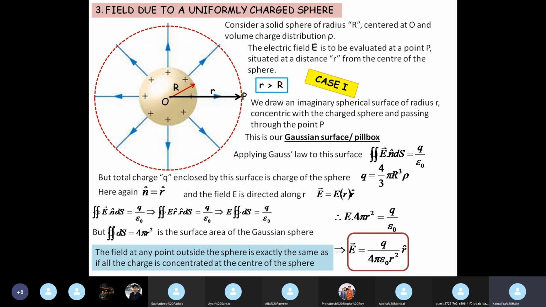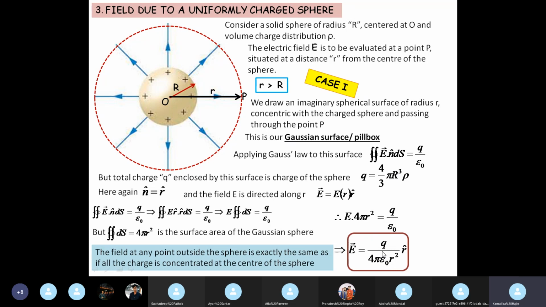When you are calculating the electric field at a point outside the sphere, the expression shows that, to an observer standing at the point P and looking at the sphere, it is as if the entire charge is concentrated at the point O. It's as if a point charge of magnitude Q is placed at the point O, and the field at the point P because of it is this.